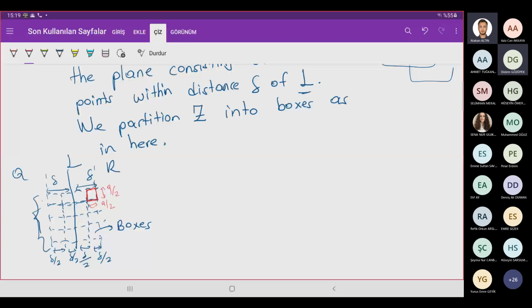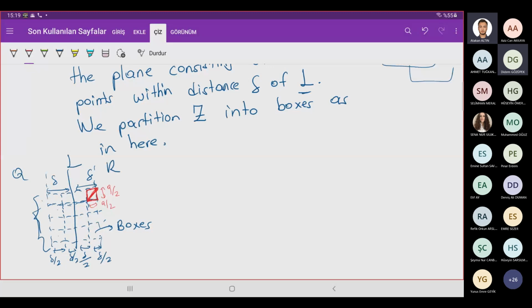If there are 2 points of maximum distance in this box, what's the largest distance? It's the diagonal, right? One of them is here and the other is here. This is the maximum possible distance if there are at least 2 points.